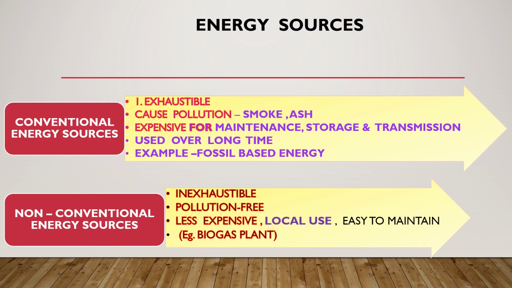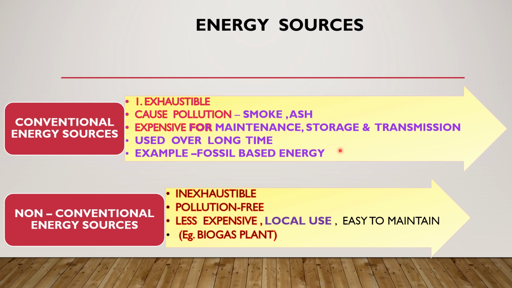Energy sources include two types of energy sources, that is conventional and non-conventional. As we all know, conventional energy sources are exhaustible. They cause pollution such as smoke, ash, expensive for maintenance, storage and transmission, used over long time.